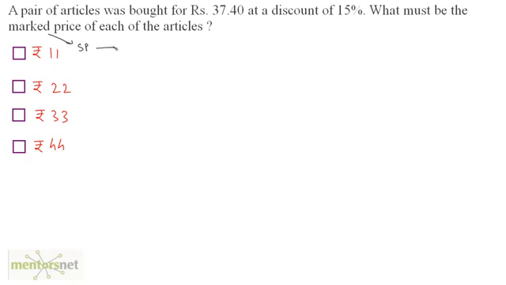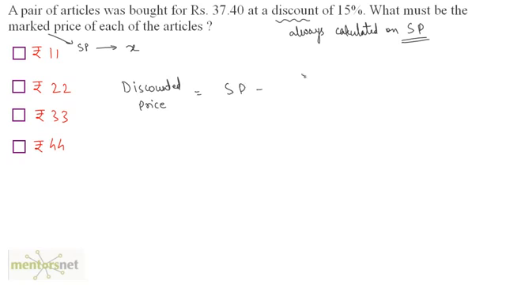So let us assume that this selling price be X rupees. Now discount is always calculated on the selling price. So I can write discounted price is equal to the selling price minus the discount, right? So the discounted price is already given to us, which is 37.4. So 37.4 is equal to the selling price, which is X, minus the discount, and the discount is 15% of the selling price.